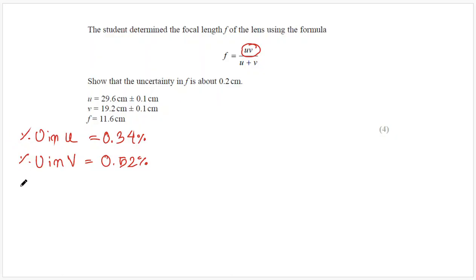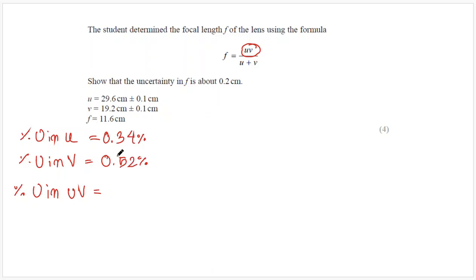So percentage uncertainty in UV would be the addition of percentage uncertainty of U and percentage uncertainty of V. Because when quantities are in product, I repeat, I'll be saying this over and over again until it sits in your head permanently. When quantities are in product or division form, you always add up their percentage uncertainties. All right. So since these are in product form, you add up their percentage uncertainties.